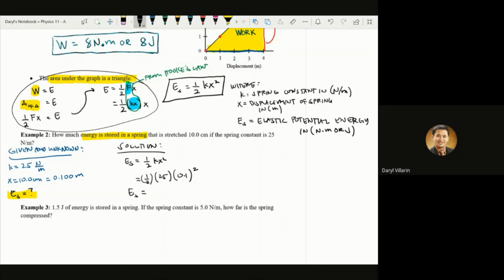So the stored energy is 0.125. Because this 1/2 is a constant, it is not part of the significant figures, so we're going to read the number of significant figures from here. So 3, and then the unit would be joule automatically. Okay.